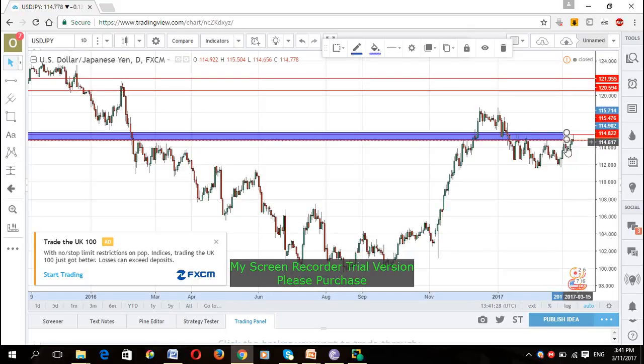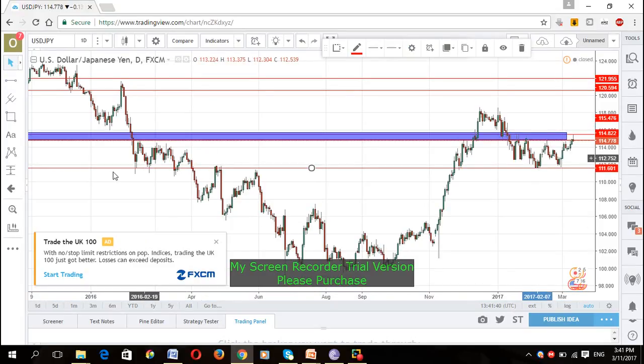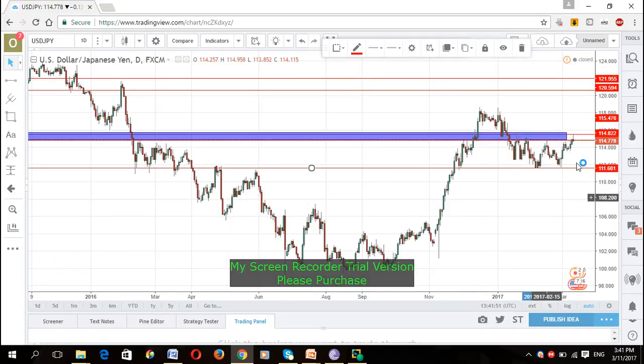So I would say that maybe our support and resistance is telling us that this market might be going down and testing this potential support level here, because it created another support. Remember I said if there's more than two that confirm it, then it should be a strong level. So this is what I think would happen with the USD JPY in the near future.